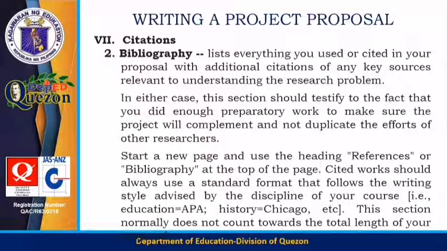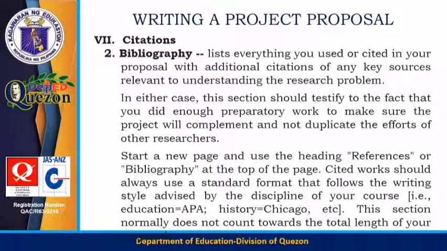In either case, this second section should testify to the fact that you did enough preparatory work to make sure the project will complement and not duplicate the efforts of other researchers.